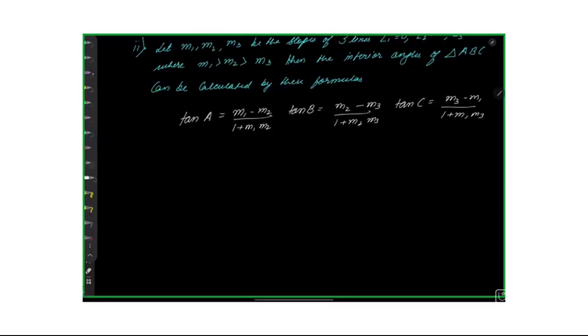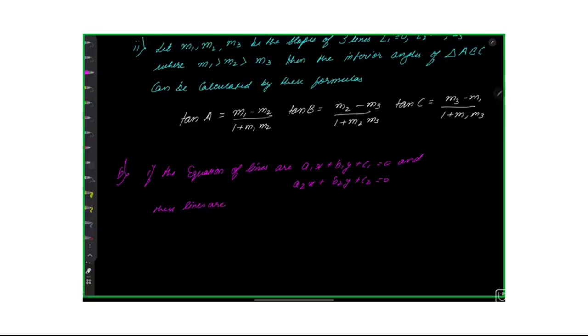Second one, B. If the equations of lines are a1x plus b1y plus c1 equals 0 and a2x plus b2y plus c2 equals 0, then first, if they're parallel to each other, the slopes should be equal.